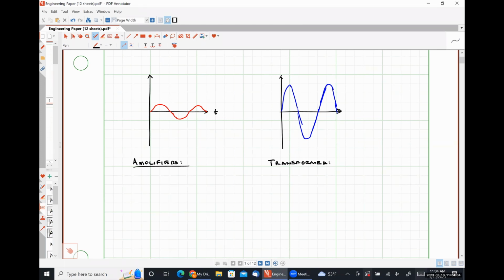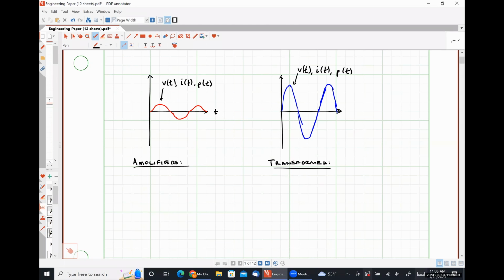And just for the sake of argument, this waveform could be a voltage, a current, or power. And this waveform could also be a voltage, current, or power. There are amplifiers and transformers for all of these quantities.